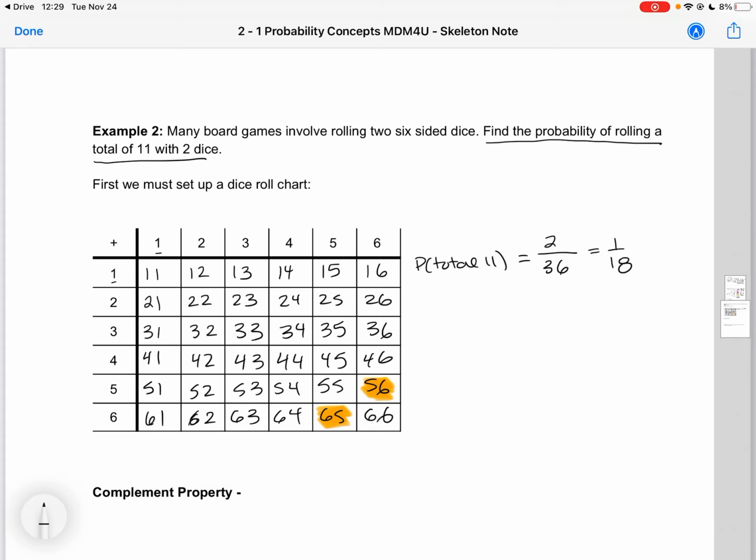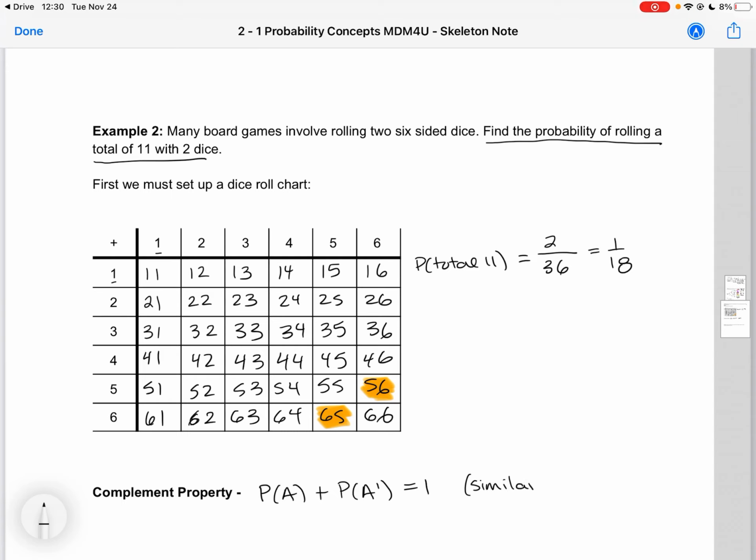The last example that we're going to look at uses something called the complement probability. Sometimes it's easier to count the events that don't satisfy your criteria than it is to calculate the events that do satisfy your criteria.